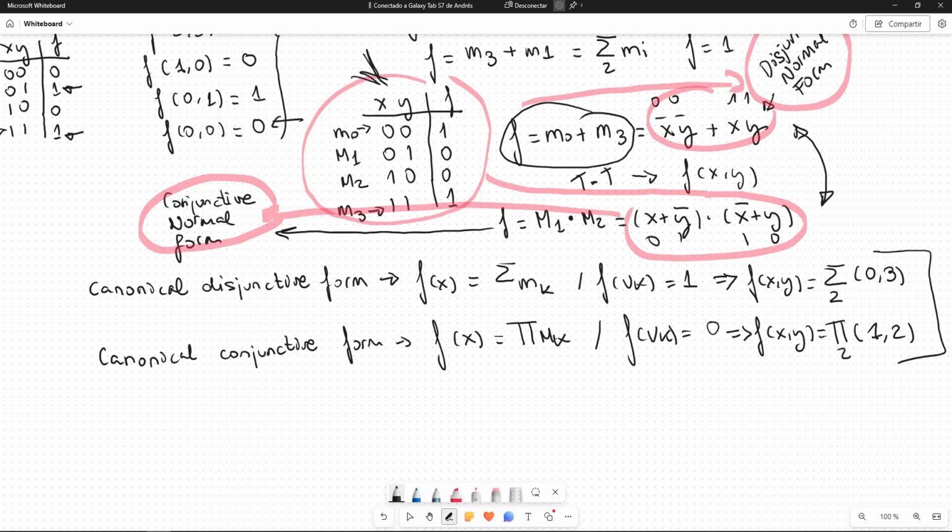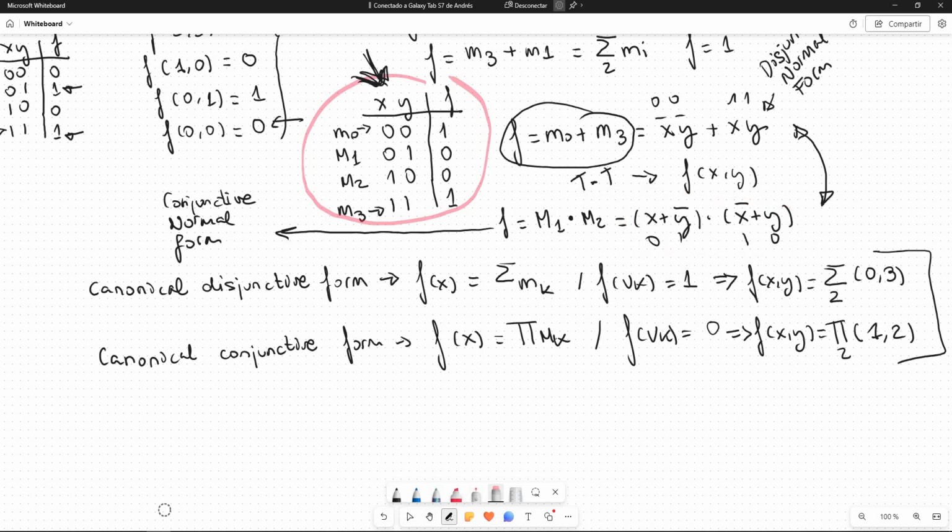Okay? Here we have, well, this is a little mess, so I'm going to remove this. We have the canonical forms algebraically and in a compact way, just indicating which are the minterms and max terms involved.